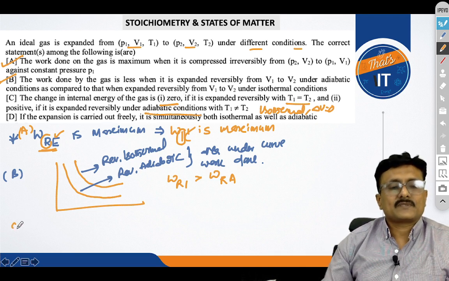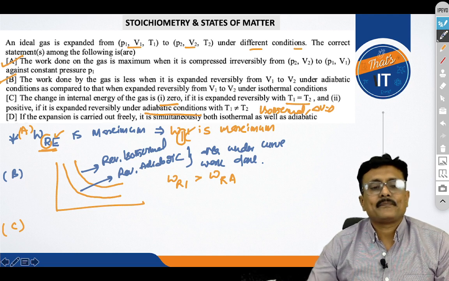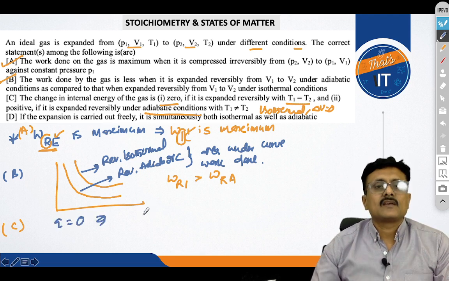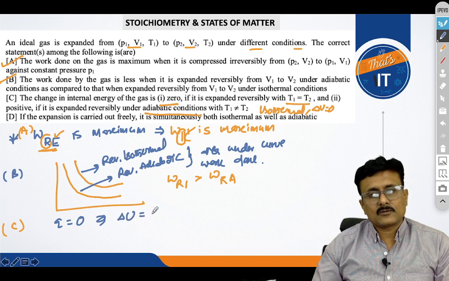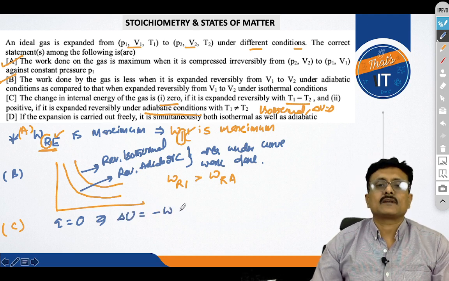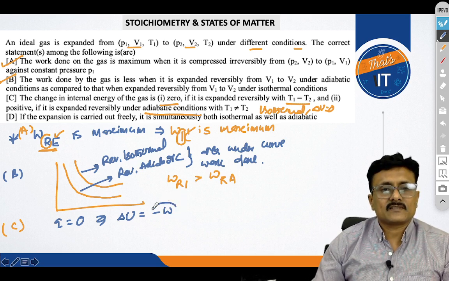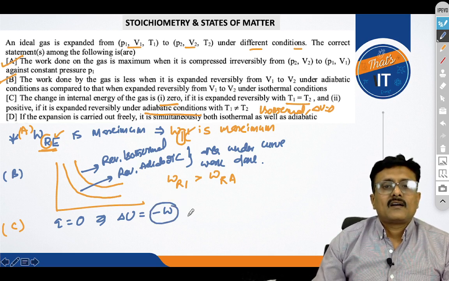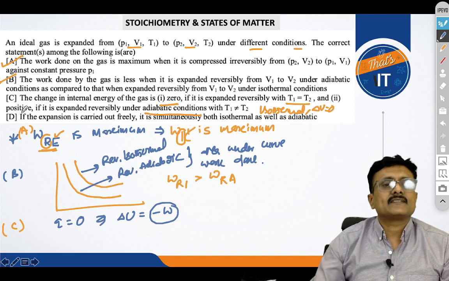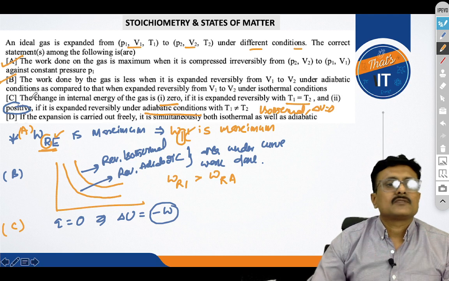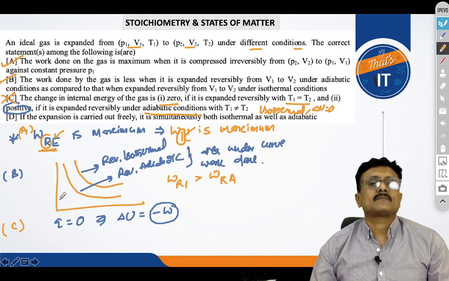I am talking about option C. Adiabatic means Q equal to 0, or dQ equal to 0. That means in the expansion case delta U equal to minus W, therefore it has to be negative. The change in internal energy is negative, however it is mentioned as positive. So this is a wrong statement.